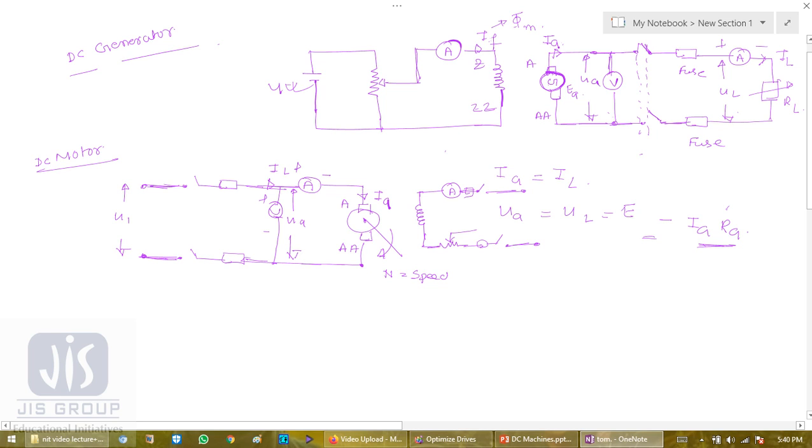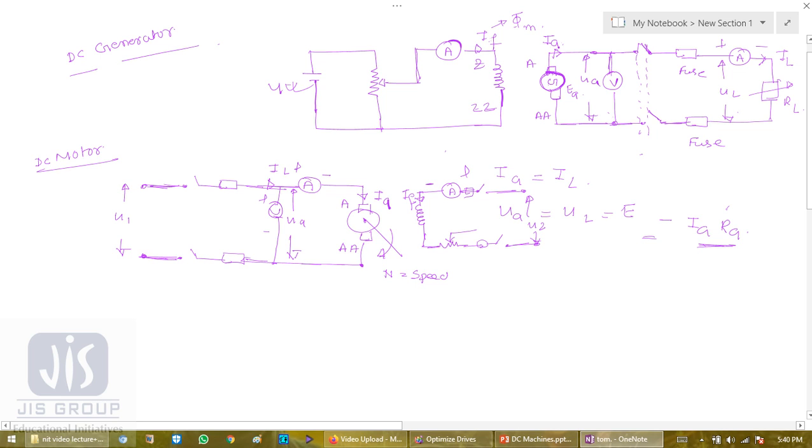So this is my field current. Now the interesting fact is that the direction is changed. Look, IF is getting inside the armature because previously it was emerging from the armature, now it is entering the armature. So this is also the field current. This is minus, this is plus. And suppose this voltage is U2.